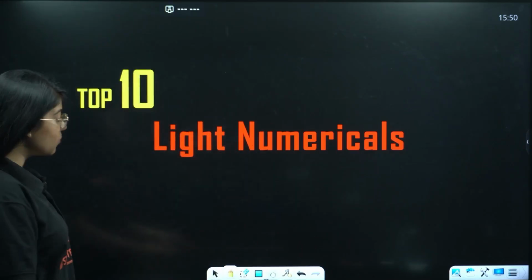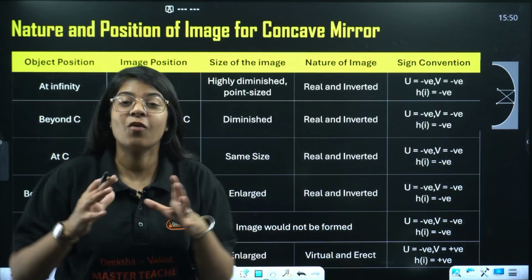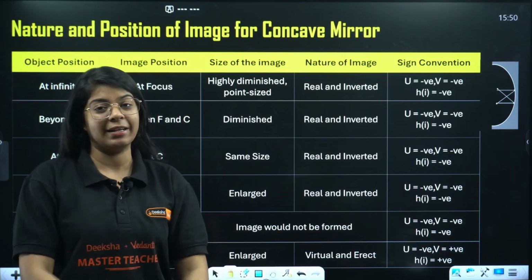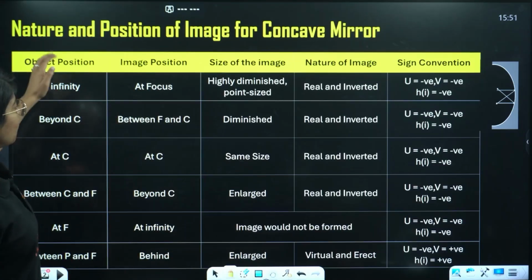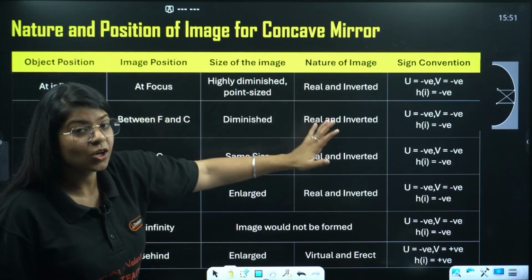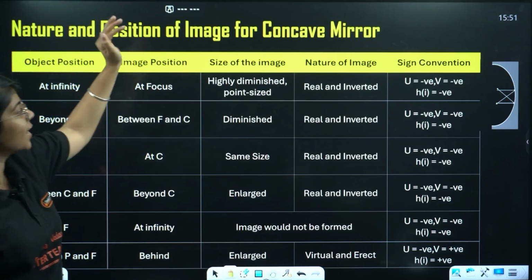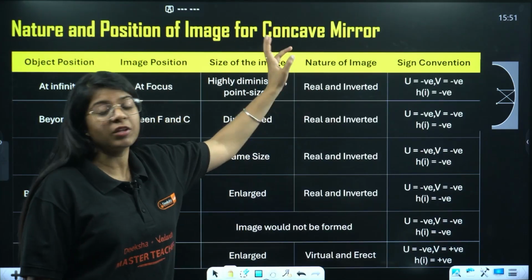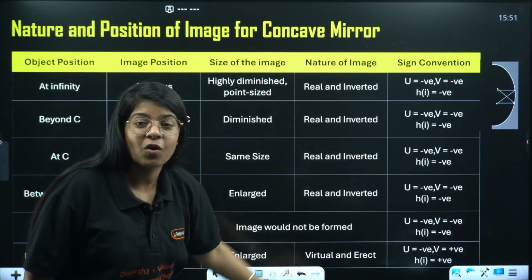and they will include all the concepts. Now before that, I've got you a cheat sheet for the numericals of the chapter Light. This table has all the information about all the cases of ray diagrams, right? Image formation, so object position, image position, size of the image, nature of the image, as well as sign convention for each case of concave mirror.